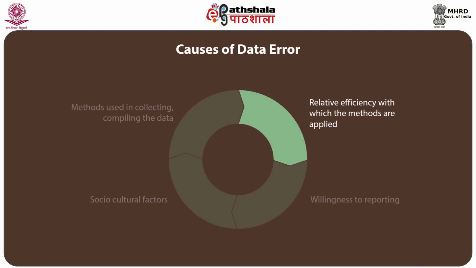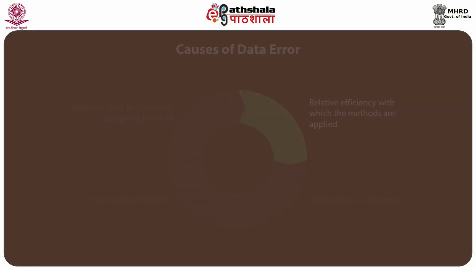Secondly, the relative efficiency with which the methods are applied is also critically important. Knowing well that there are possibilities of errors creeping into both the age and sex data, several measures are often adopted in the questionnaire, if you are collecting by enumeration, so that such errors can be controlled to the minimum.